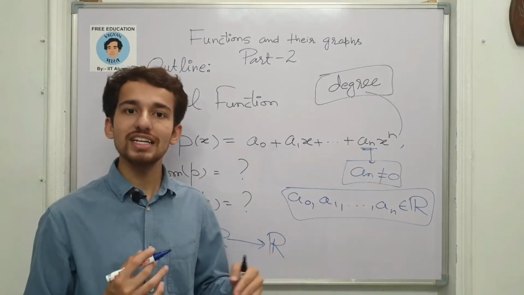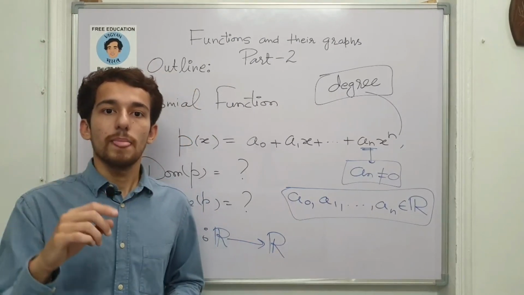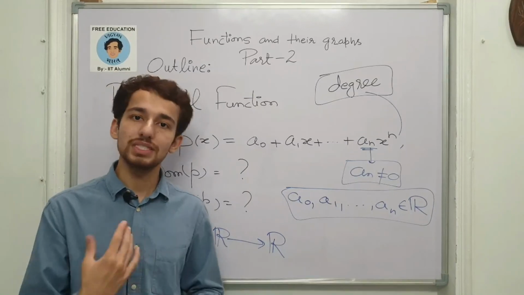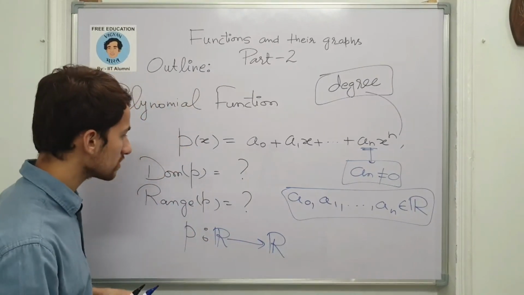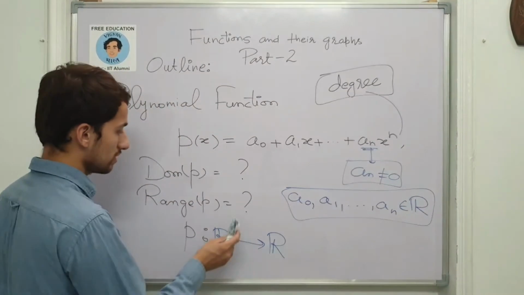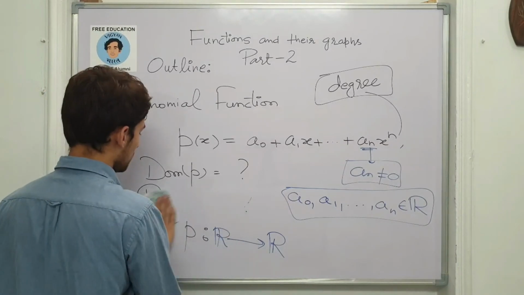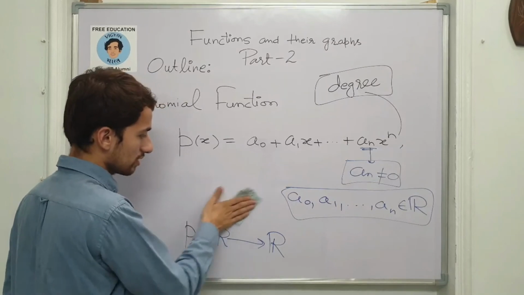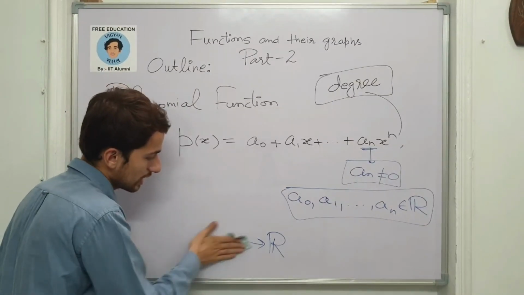In certain polynomials it will be equal to R itself, but in general it will always be a subset of the codomain. A range is a collection of the images, so you collect all the images corresponding to the inputs.